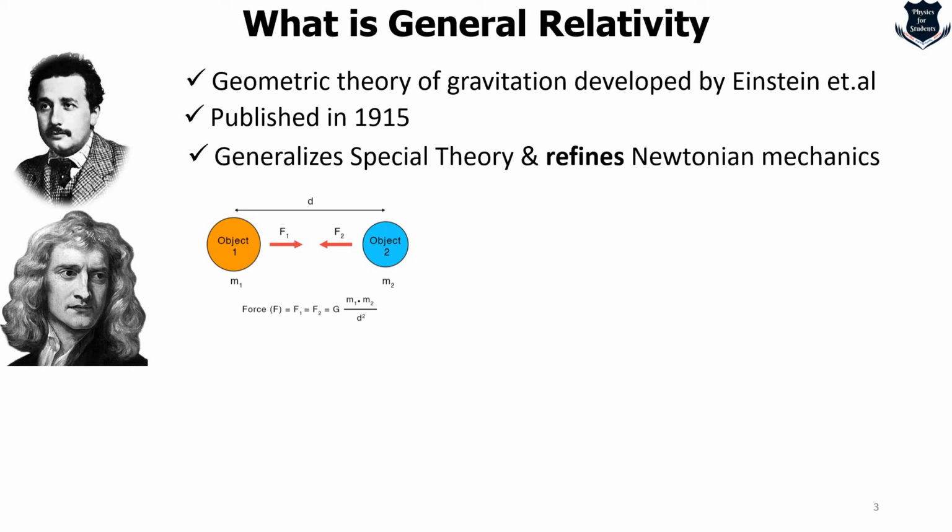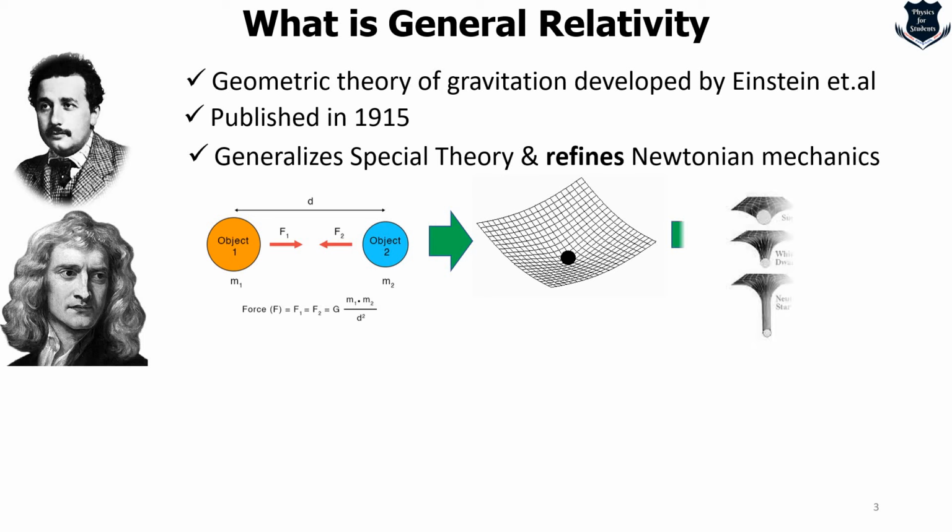So here, as you can see in this illustration, it refines Newton's laws of gravitation by describing gravity as a geometric property of space and time. So the concept of the gravitational equation, where G is the gravitational constant, extends to something known as the four-dimensional space-time manifold on a technical front.